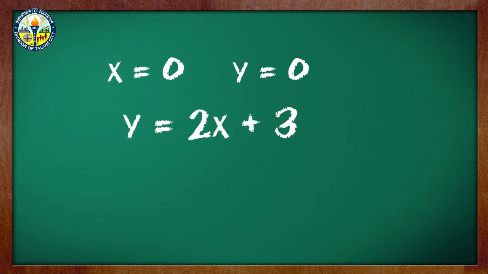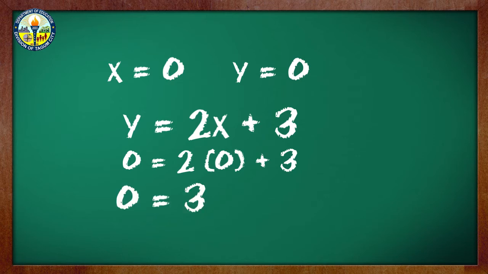Suppose we will take a point not on the line, like (0, 0). Will the equation be satisfied? We said x equals 0 and y equals 0. Substituting the values of x and y on the equation y equals 2x plus 3, we got 0 equals 2 times 0 plus 3.